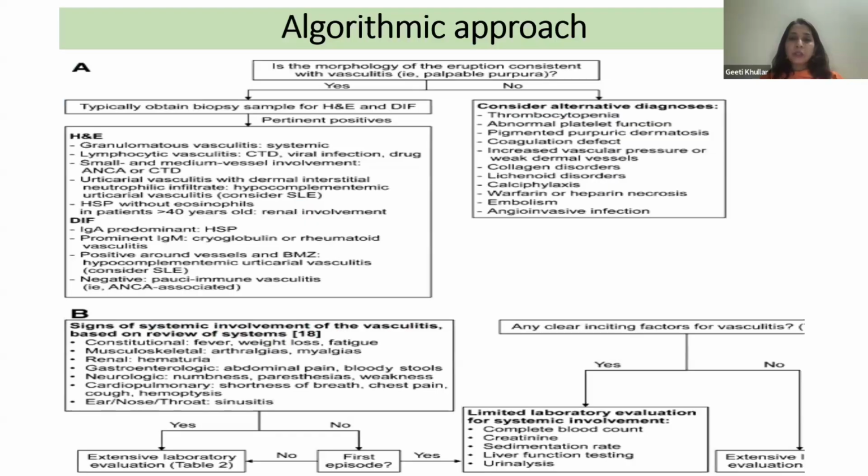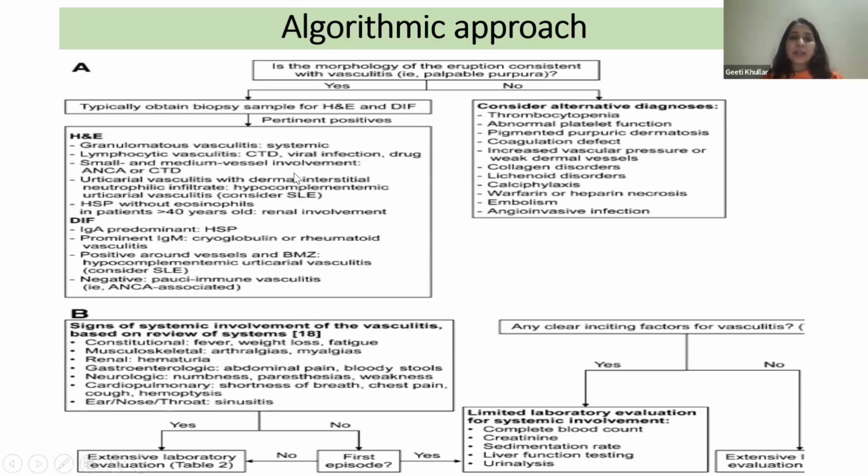Now, this is a big flow chart. I will just go quickly, and we have already discussed the algorithm, how to approach the vasculitis. So, if you are dealing with a morphology which is suggestive of palpable purpura, in most of the scenarios it will be palpable purpura, but you do get atypical lesions also. Then go for histopathology and DIF.